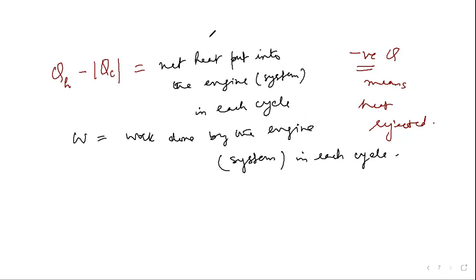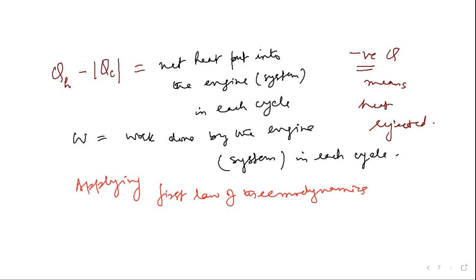Applying first law of thermodynamics. First law of thermodynamics says net heat put into the system is equal to work done by the system plus change in internal energy of the system.